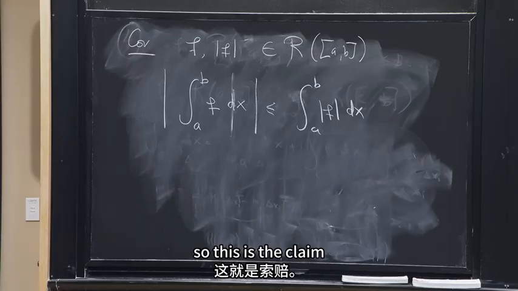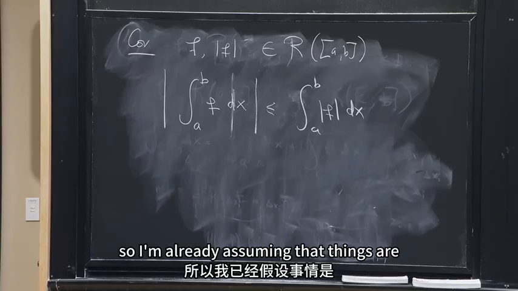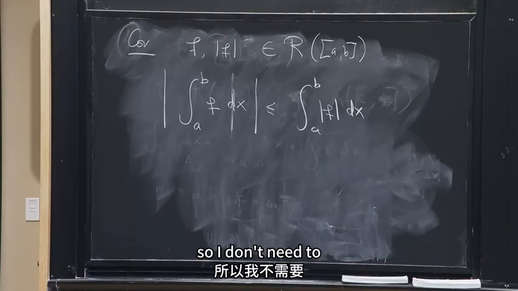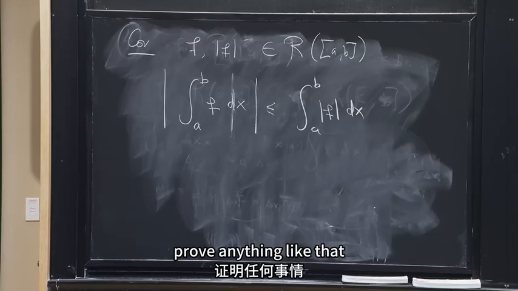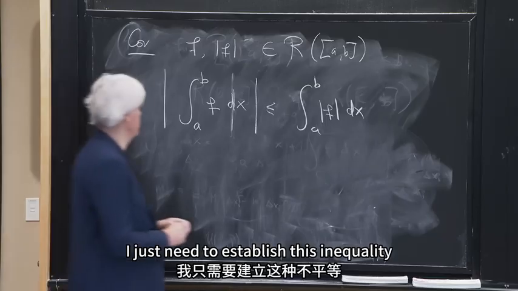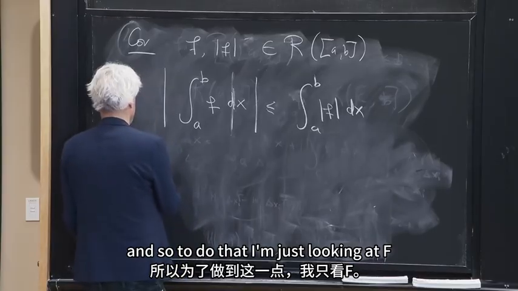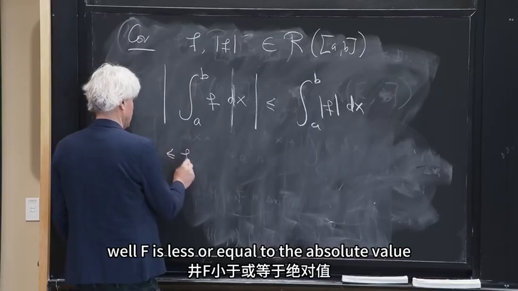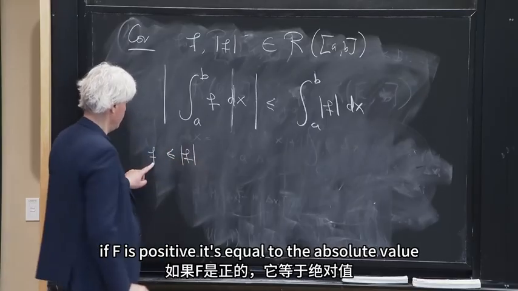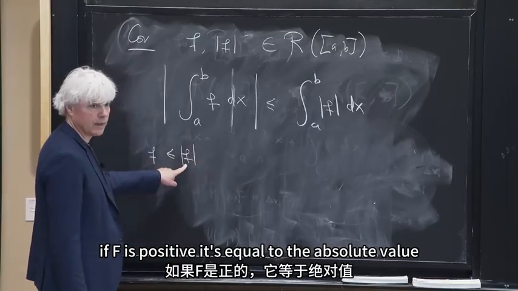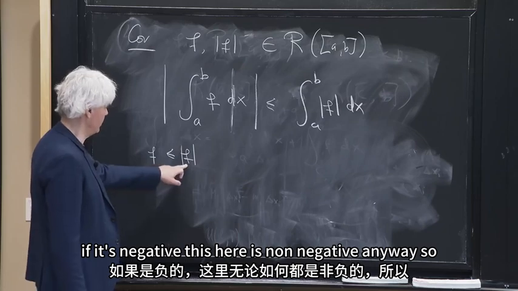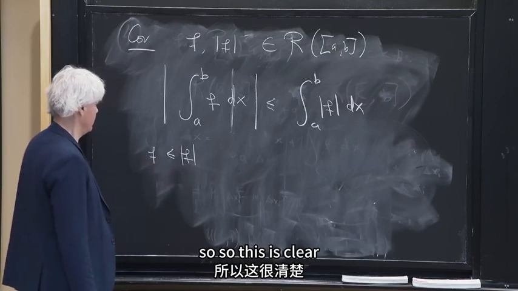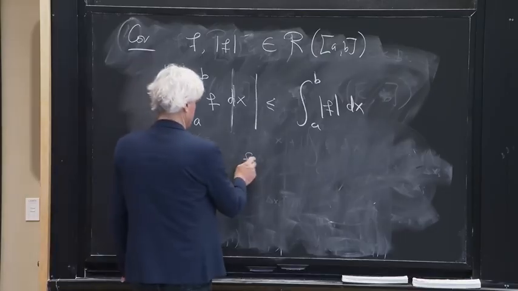I'm already assuming that everything is Riemann integrable, so I don't need to prove that. I just need to establish this inequality. To do that, I'm just looking at f. Well, f is less or equal to the absolute value. If f is positive, it's equal to the absolute value. If it's negative, the absolute value is non-negative anyway. So this is clearly true for all x.